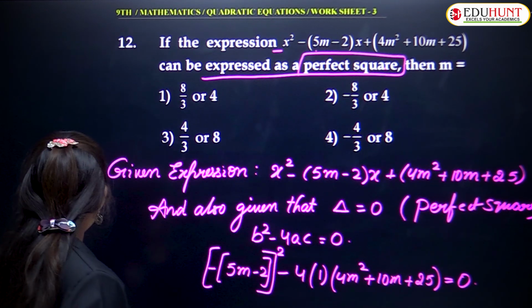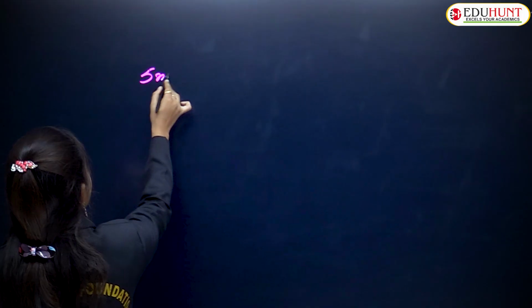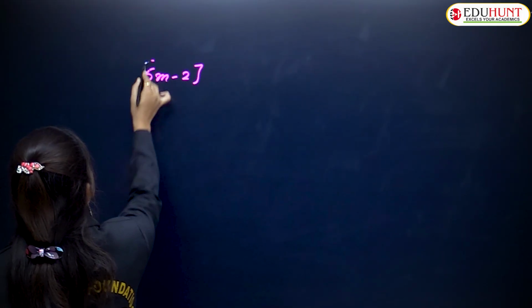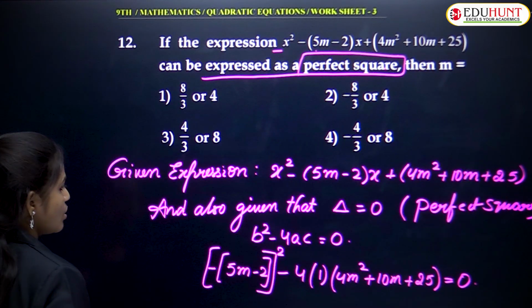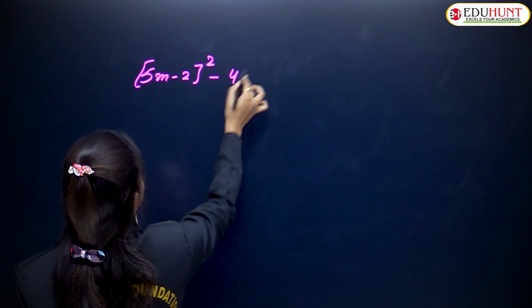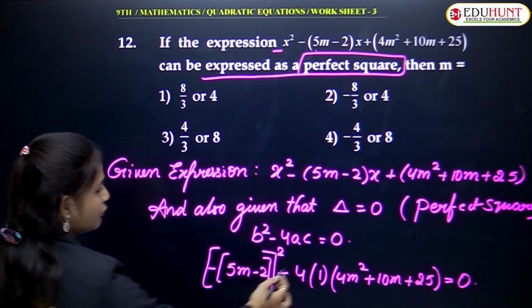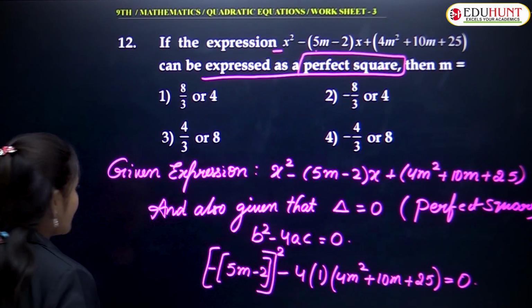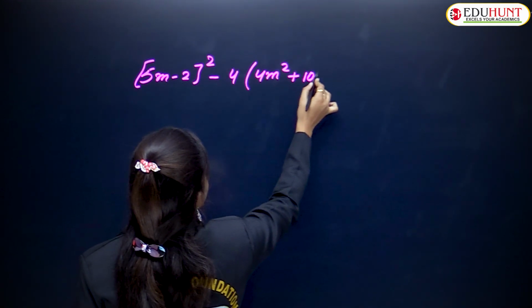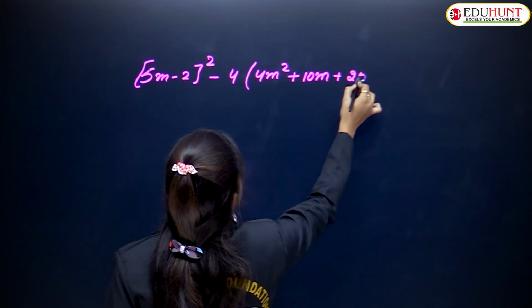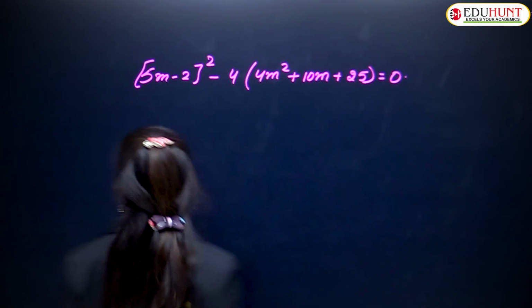So in that, positive, 5m minus 2 whole square, minus 4 into 1 (here 1 is there, no need to write), 4 into (4m square plus 10m plus 25) is equal to 0. Clear?